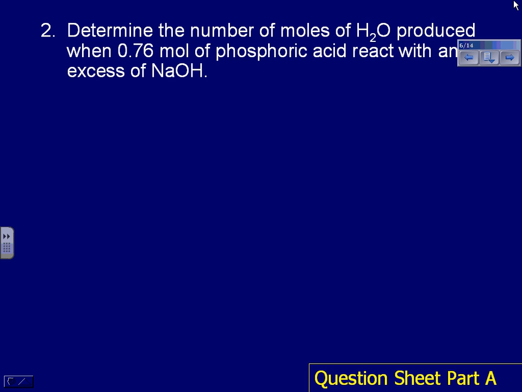Once you're done writing the problem, go ahead and write out the, well, what's the first thing we always need when doing a stoichiometry problem? Balanced chemical equation. Now you'll notice we're a little meaner here, in that I simply write out phosphoric acid.